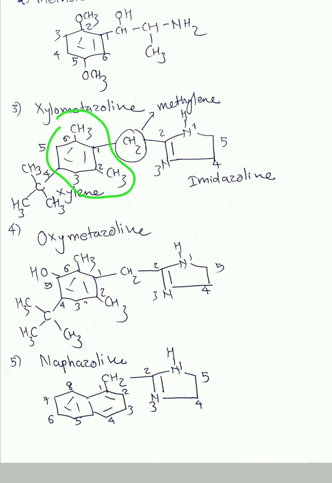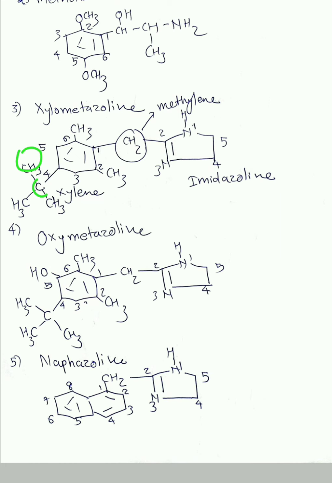So this is xylene. Now this moiety is tertiary butyl. Why is it called tertiary? Because this carbon is attached to 3 other carbons, and the total number of carbons is 1, 2, the middle one is 3, and 4.